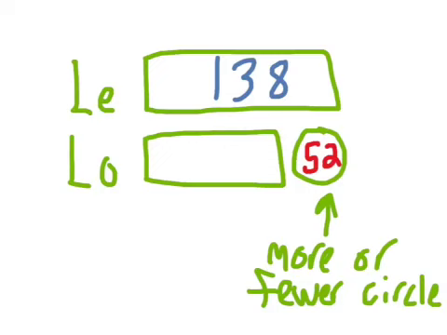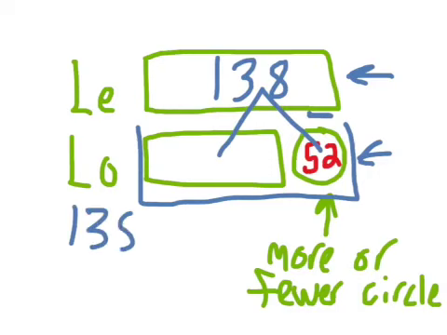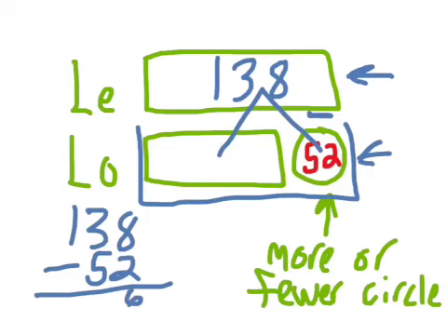Now, when they are on opposite lines, this is on one line, this is on another, I know that these two numbers together will equal the top number, just like a math mountain. So when they're on opposite sides, I have to subtract. 138 minus 52. 8 minus 2 is 6. 3 minus 5, can't do it, ungroup. 13 minus 5 is 8. Lorelei has 86 pencils.